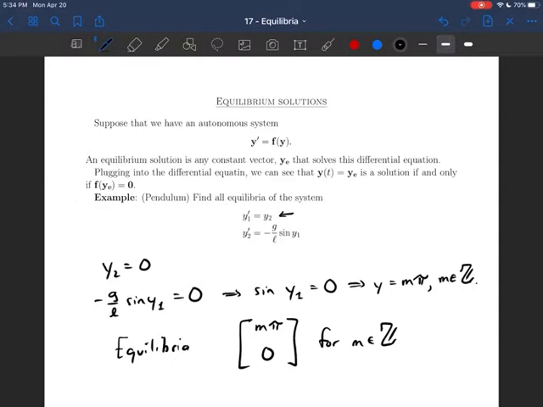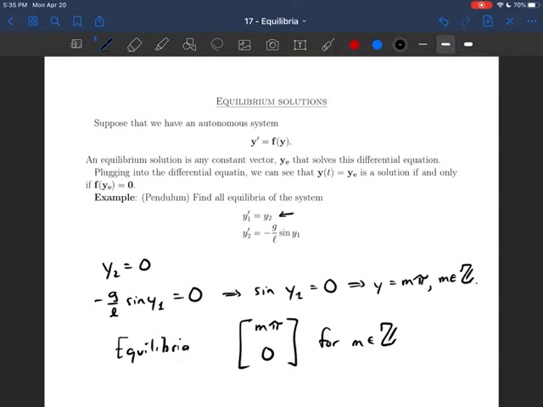Does that make sense? Well, this is a pendulum. We're talking angles in radians, so if you got an even number of pi, that would be like 0, 2 pi, 4 pi, negative 2 pi. Those are all situations where, given the system that we have, the pendulum is hanging straight down, equivalent to an angle of 0.